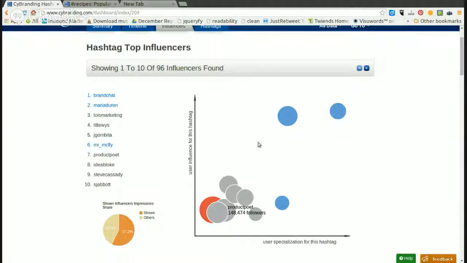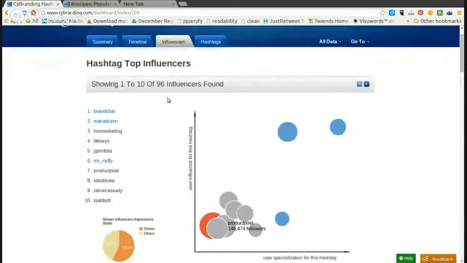Or you can use a tool like our hashtag intelligence tool, which will do this for you. So for example, for Brand Chat, which we are showing here, we have many different plans. The basic plan starts at $9.90 per month, and it will show you the top 10 influencers for your hashtag.